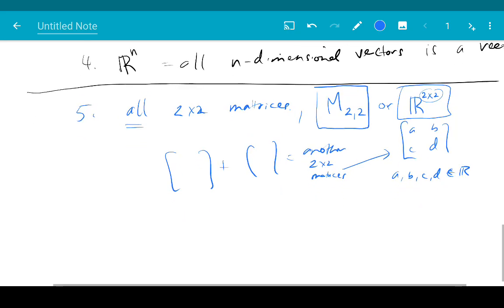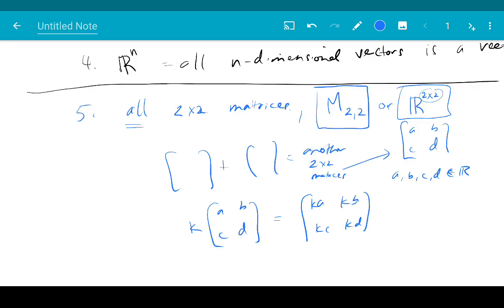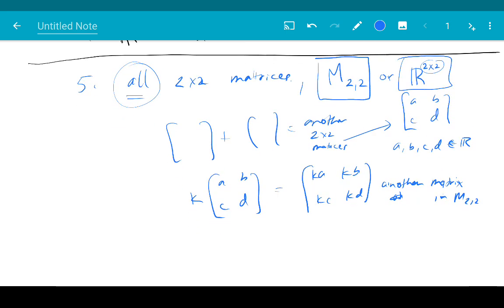If I take any 2x2 matrix (a, b, c, d) and any k, I'm going to get ka, kb, kc, and kd, which is just another matrix that's in M2x2. How do I know it's in there? Because M2x2 has all of them. Okay, so this is another vector space, right?